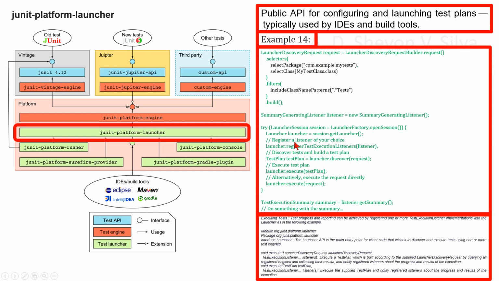The interface Launcher in package org.junit.platform.launcher in module org.junit.platform.launcher. The Launcher API is the main entry point for client code that wishes to discover and execute tests using one or more test engines.